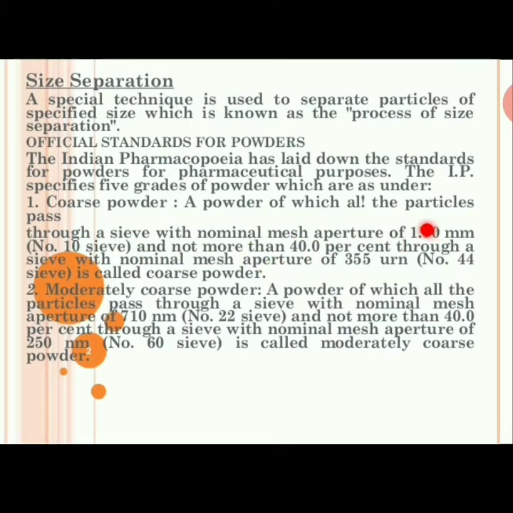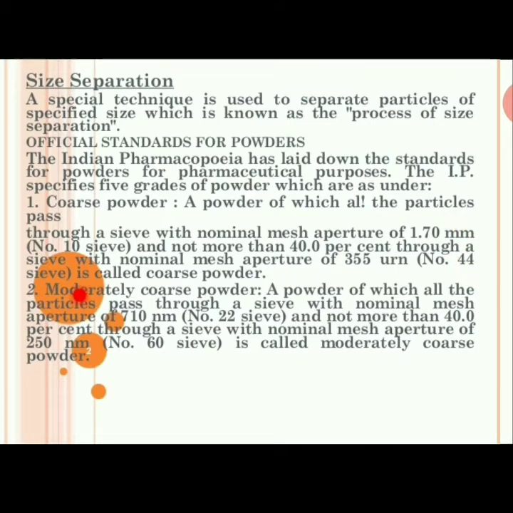The mesh aperture is 1.70 mm but not more than 40% should pass through the sieve with nominal mesh aperture of 355 micrometer, that is sieve number 44.